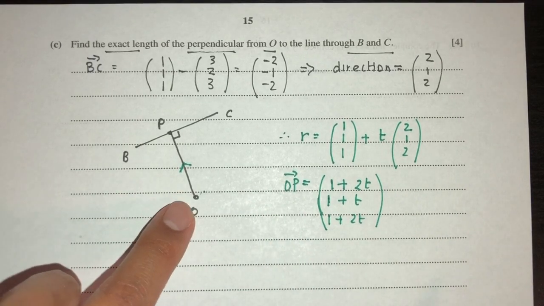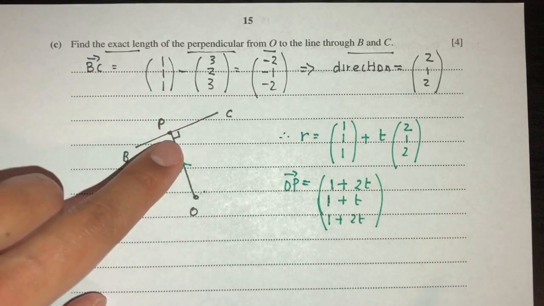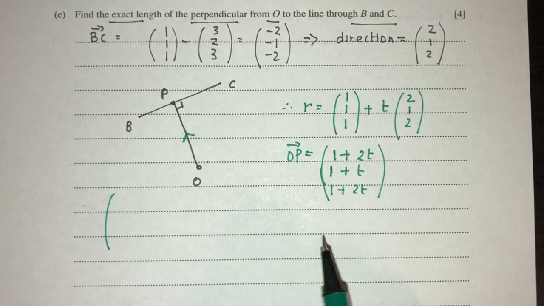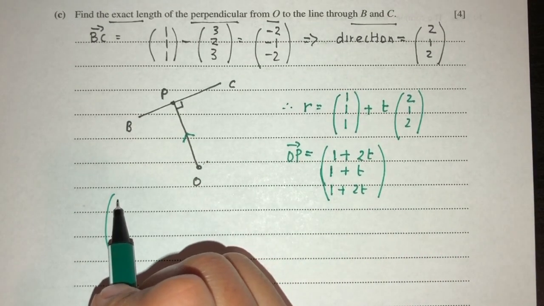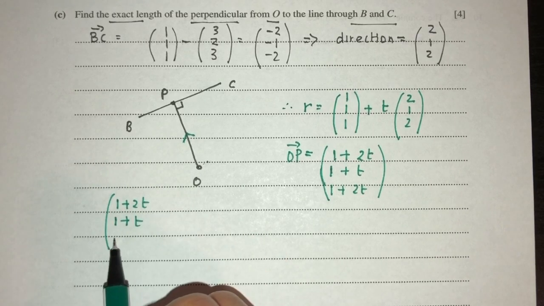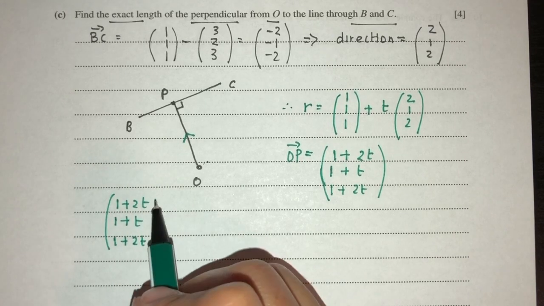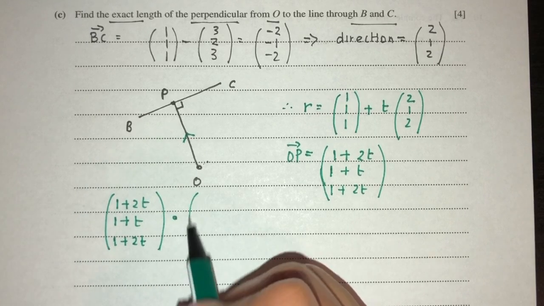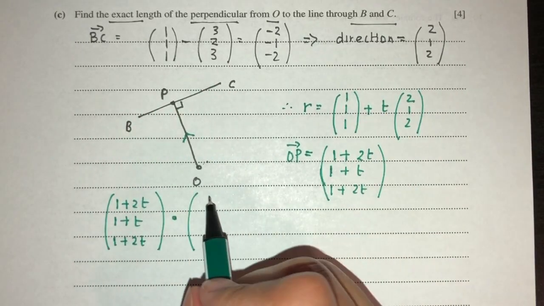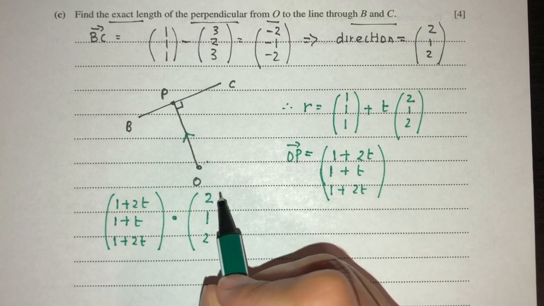Now, since this line and this line are at right angle, we know that the dot product has to give you 0. So OP is 1 plus 2t, 1 plus t, and 1 plus 2t, multiplied by the direction of the line BC, which is 2, 1, 2.